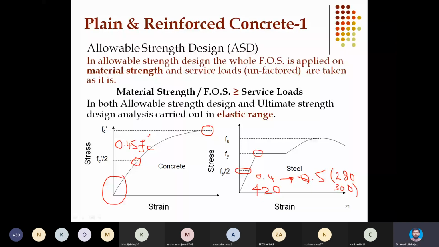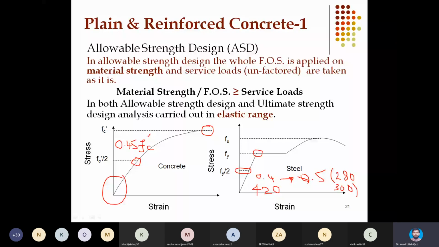So hardly, I will say that 40 to 50% of the yield strength, half of yield strength, I may say, and half of FC prime, peak strength. So both the materials are stressed to almost half of their limit.